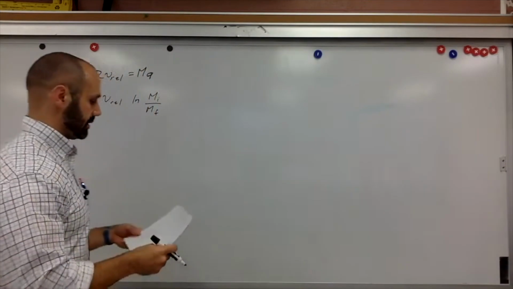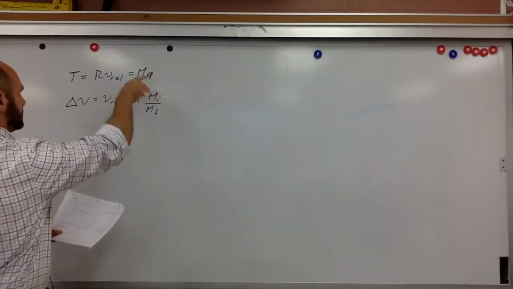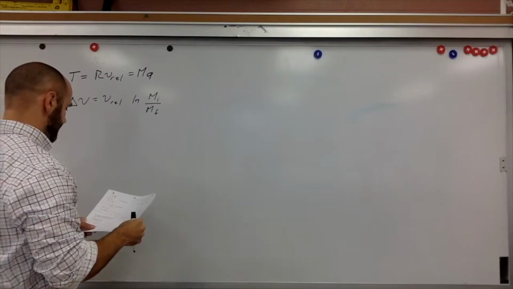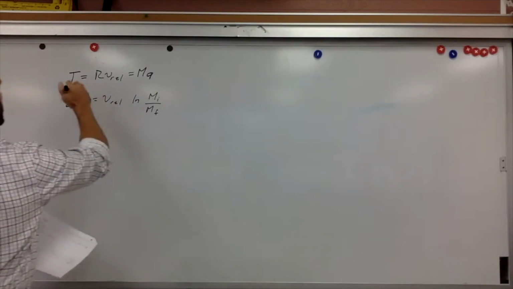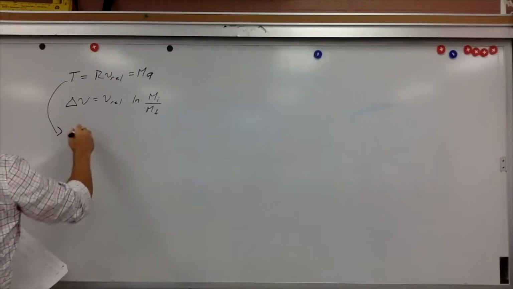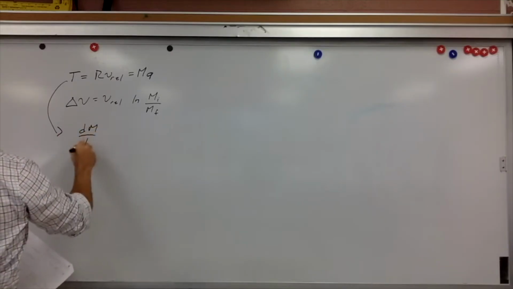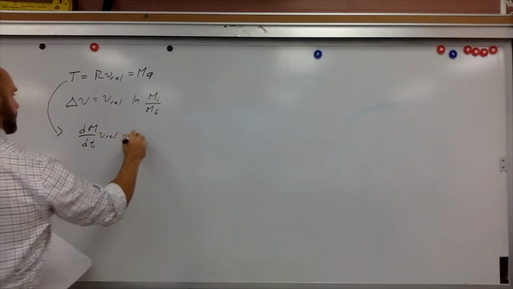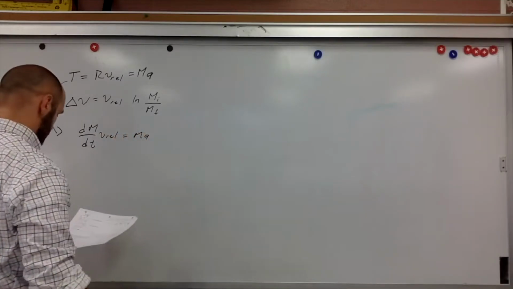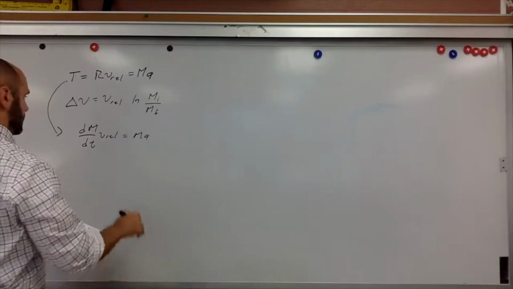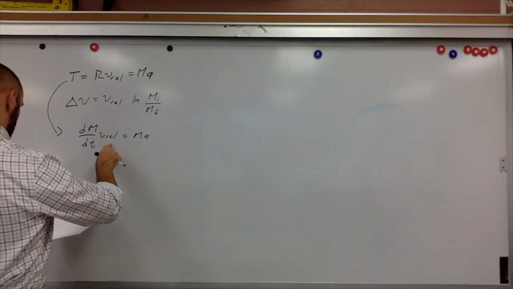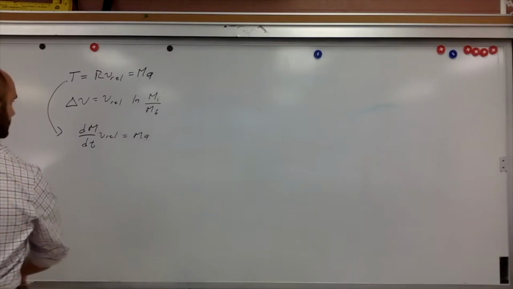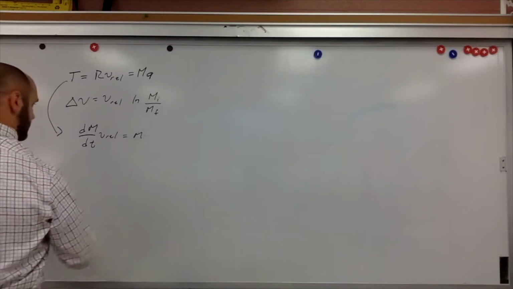And so, to summarize, here's your first rocket equation. We can look at this and think of it as dm dt times v rel equals ma. Well, this is also equal to m times a, where a is dv dt.